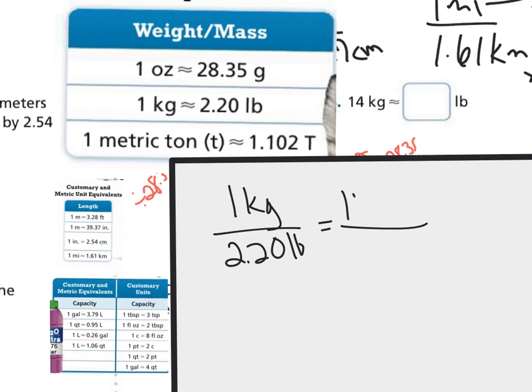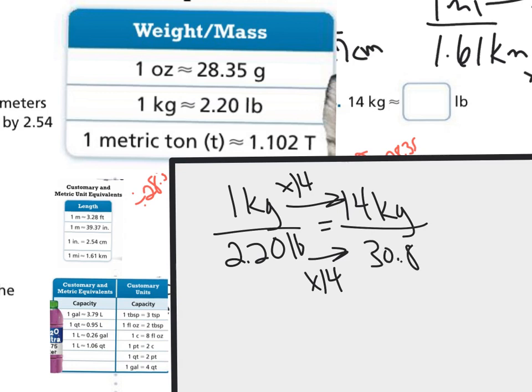We have 14 kilograms. So that would be 14 times as much. So if you do 2.2 times 14, that would be 30.8. So 30.8 pounds for that one.